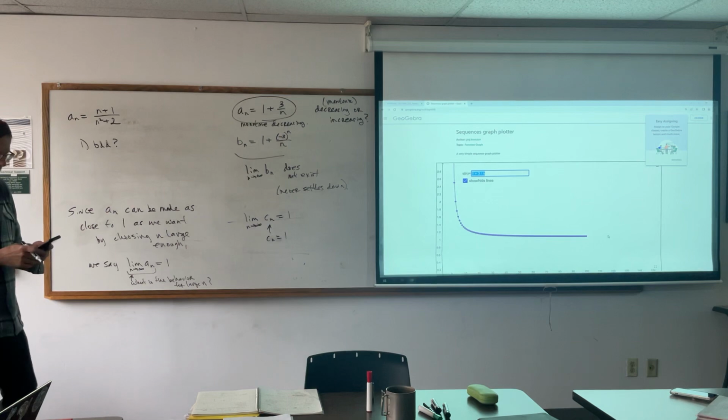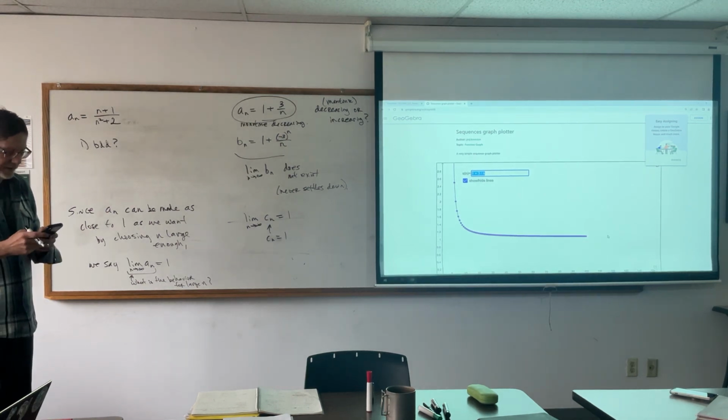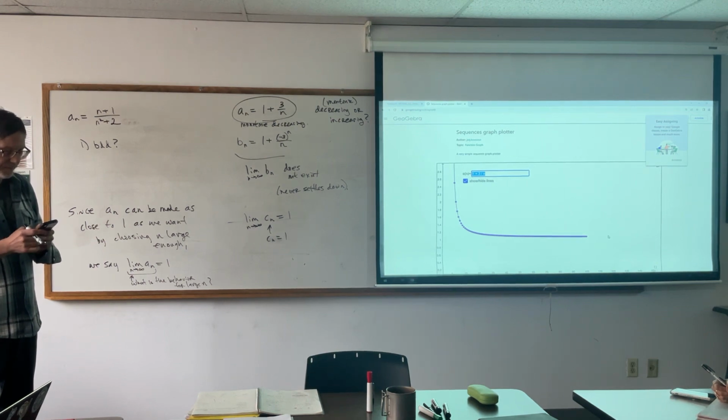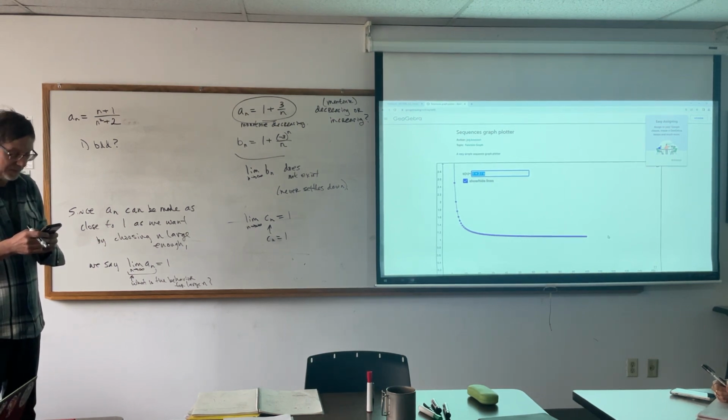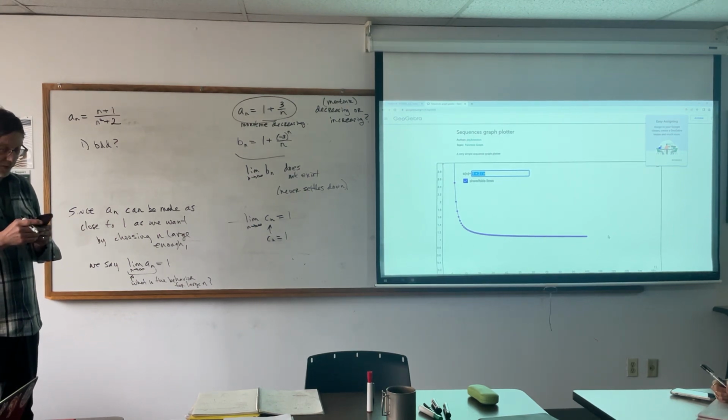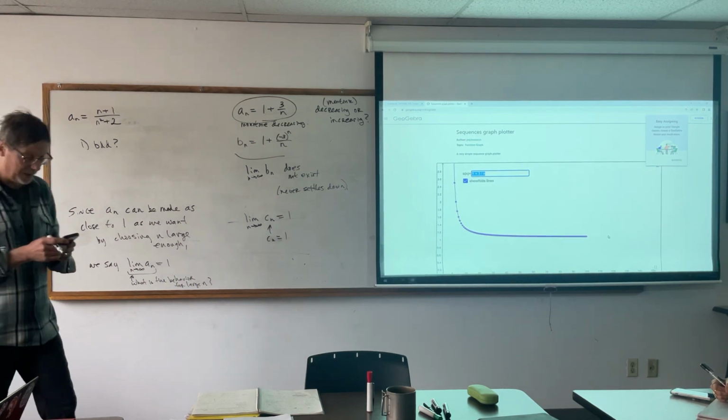Let's take a look. GeoGebra. Maybe say sequence plotter. Yeah, that works pretty good. It's really tiny, but you can zoom in on it.